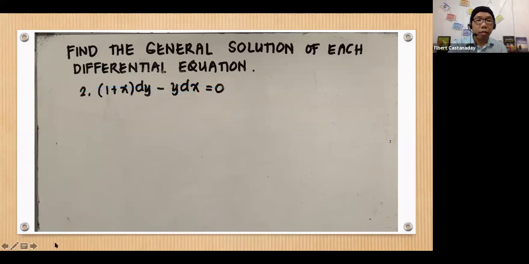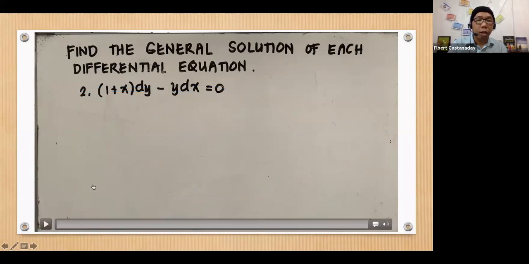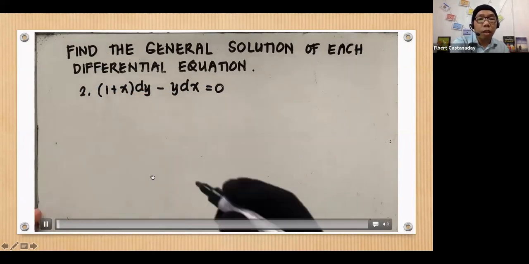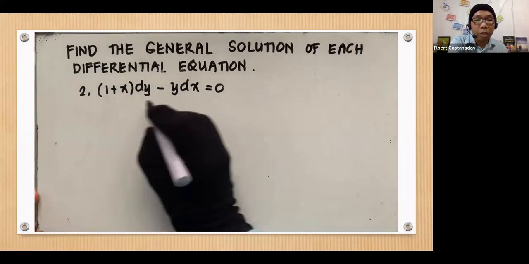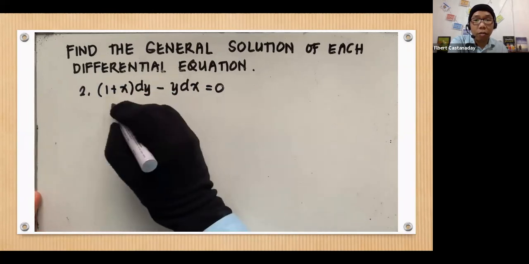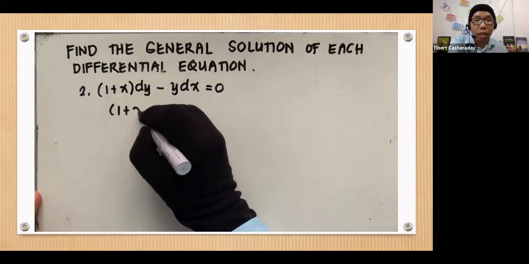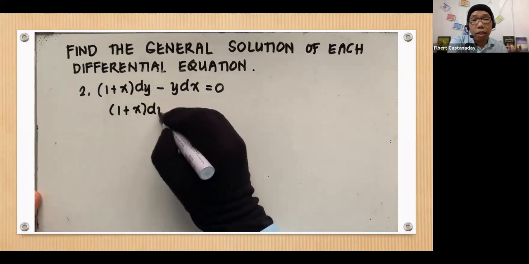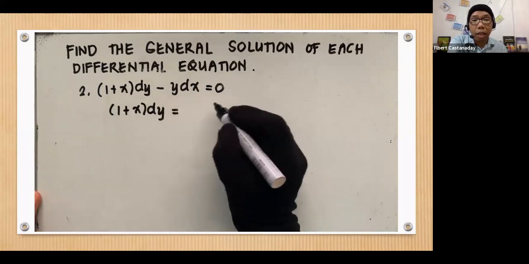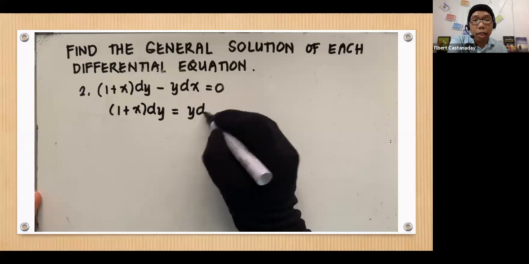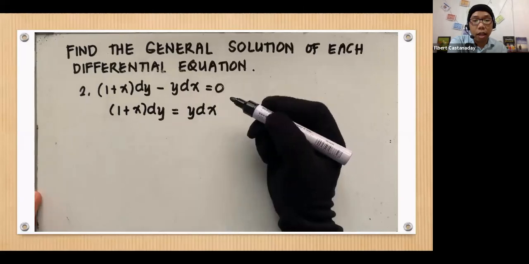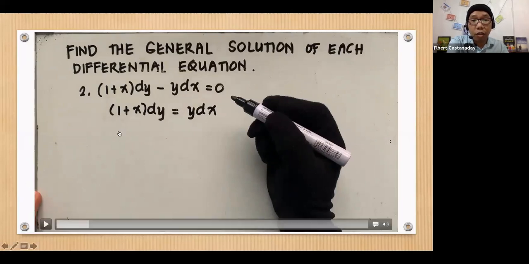Now let's proceed to this one and examine this problem. (1 + x) dy minus y dx equal to 0. No problem here, it is in factored form already. We can transpose the second term to the right-hand side, making it positive y dx. On the right-hand side, it's not a pure function of x, so you need to eliminate y here.